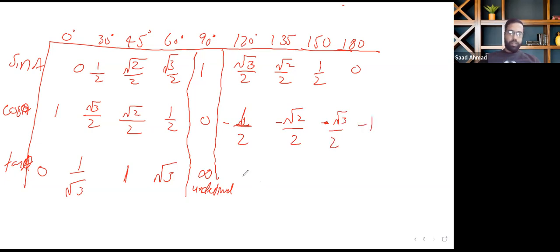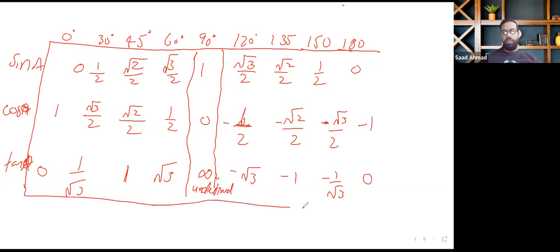Like that. And again, this one is also with the minus. So this is a basic table that you can always make if you need to solve any problem.